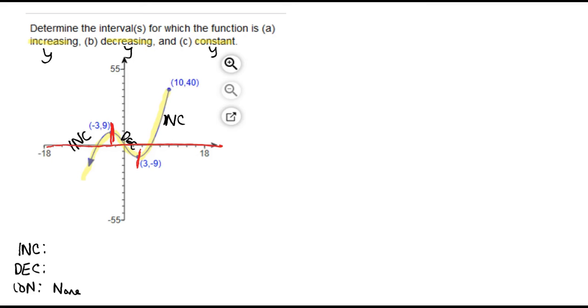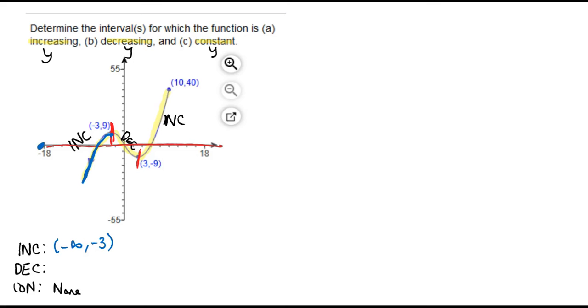So when I look at this section right here, this section we labeled as increasing. Where do the x values start and stop for that section? So the x values will start over here at negative infinity and stop when we get to negative 3.